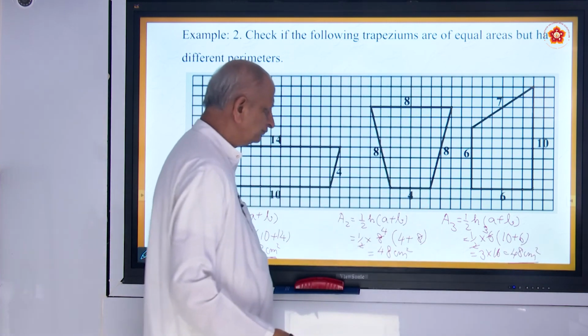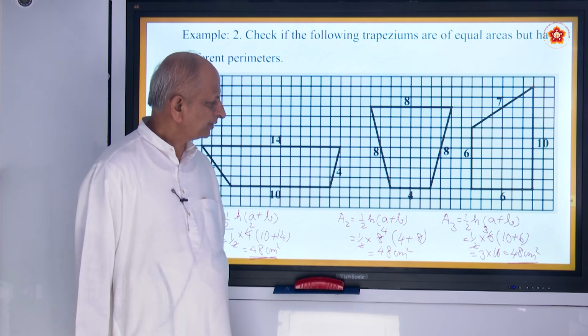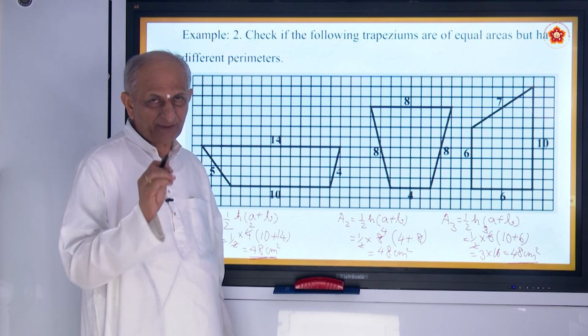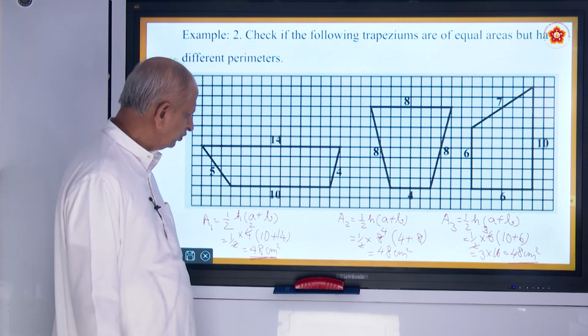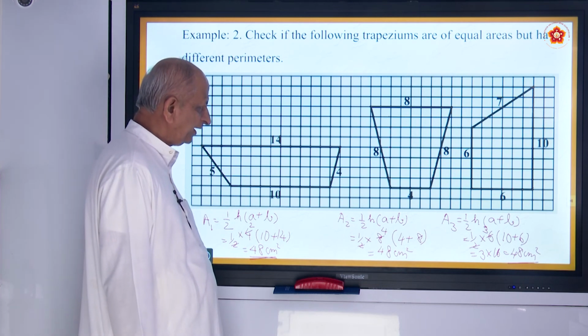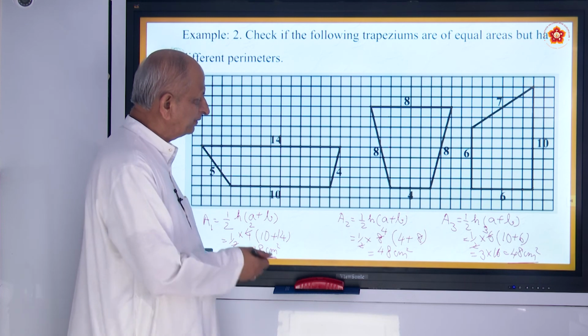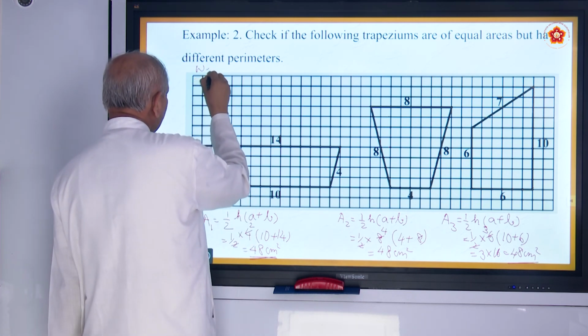What do you observe? They are asking, check. So we find that areas of the three trapeziums given are equal, even though their perimeters are different. Correct? That answer you must write in one word here. So we highlight the answer here.